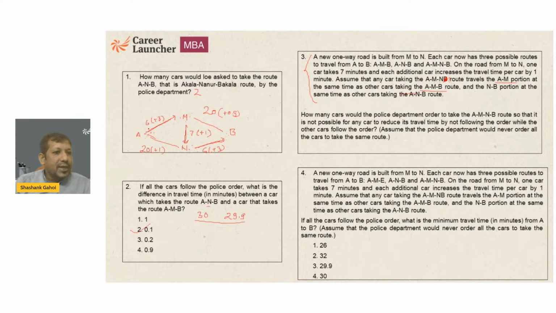So instead of sending 2 cars, I'm going to send 3 cars. So 3 cars is going to be 6 plus 3 plus 3, that's 12 minutes. So at 12 minutes, there are 3 cars over here. Okay. After that, I'm sending 2 cars, 1 car over here, because that is going to take 20 minutes. And 2 cars from here.